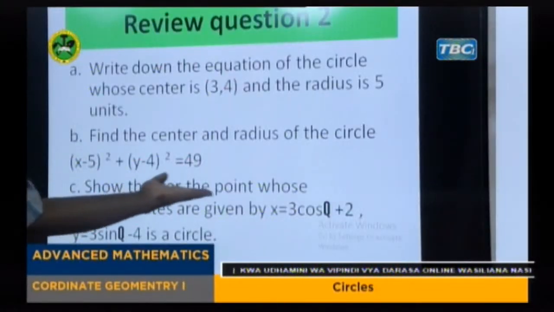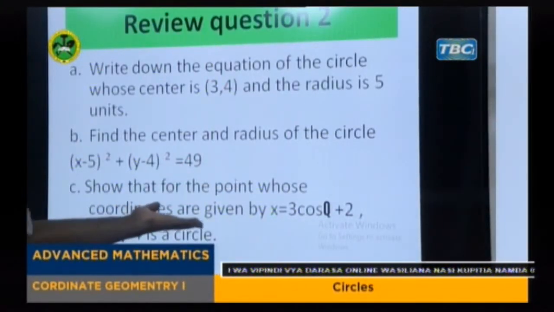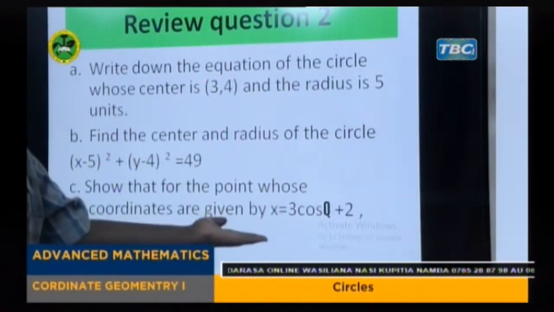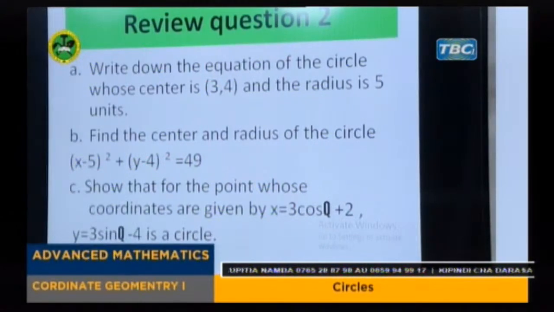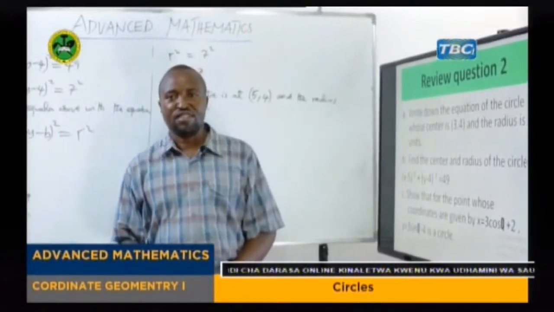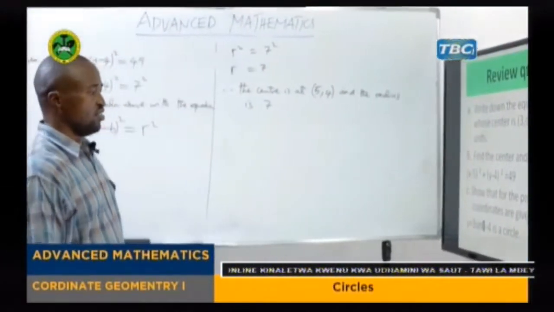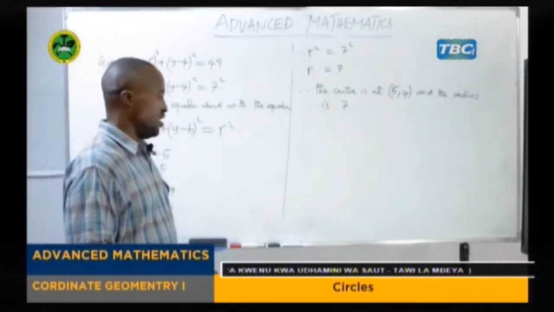Show that the points whose coordinates are given by x is equal to 3 cos q plus 2, and y is equal to 3 sin q minus 4 form a circle. So this time we have trigonometric ratios.